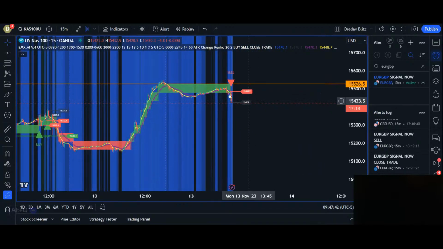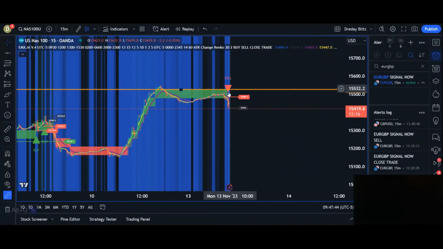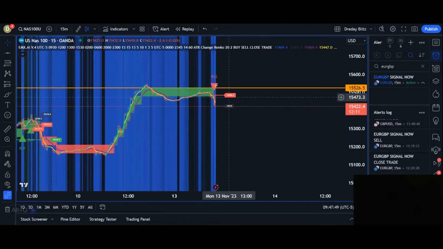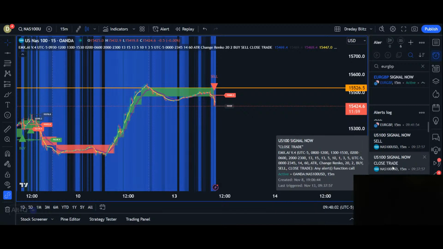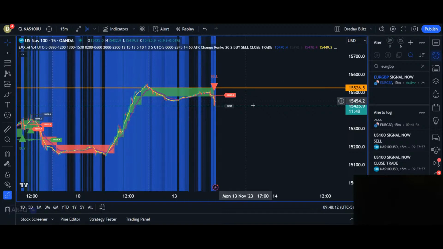Okay, so that's why right now we had a sell, because the Renko switched from buy sentiment to a sell sentiment, and that's why we receive a notification, as you saw right here, as you receive the notification stating that the Renko bar are switching from a buy sentiment to a sell sentiment.